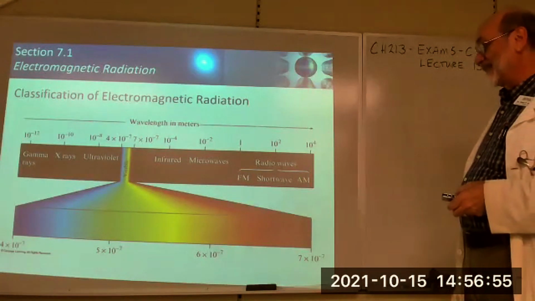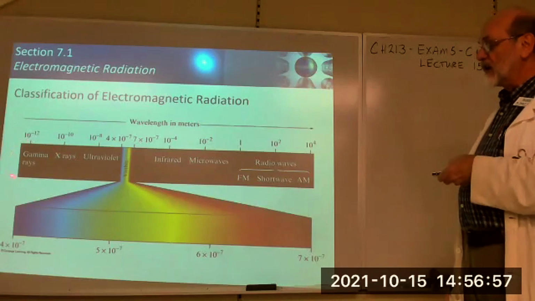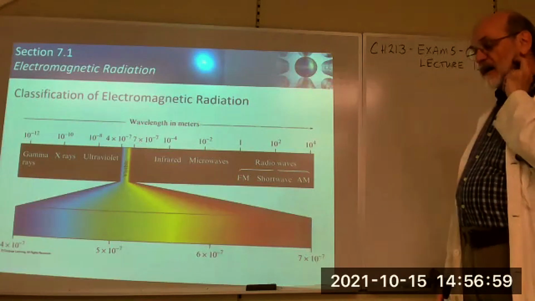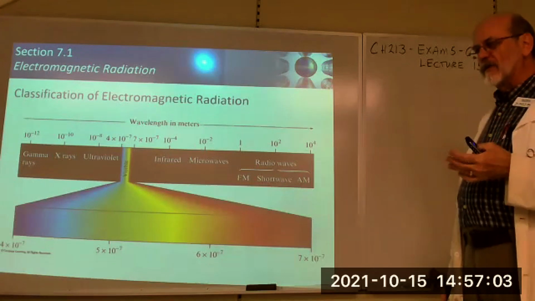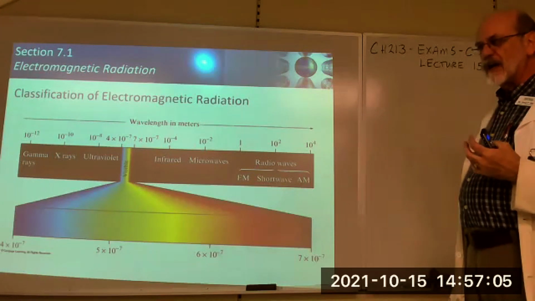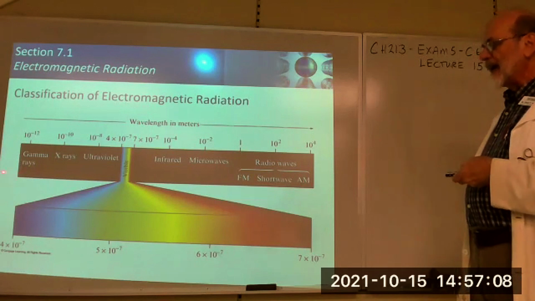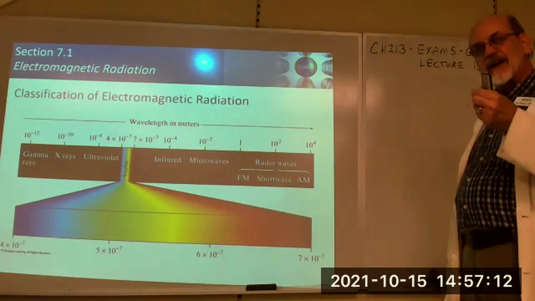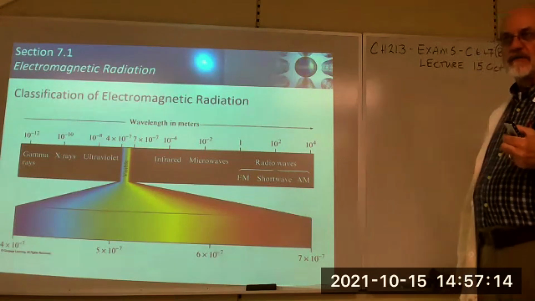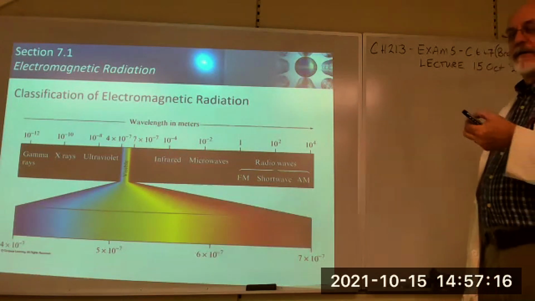But the other thing, what I was saying about gamma rays is there are certain phenomena, certain occurrences in the universe that are so energetic. They kick out huge directional beams of gamma rays. They're called gamma ray bursts.